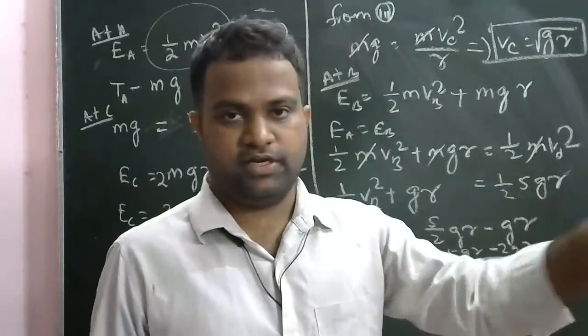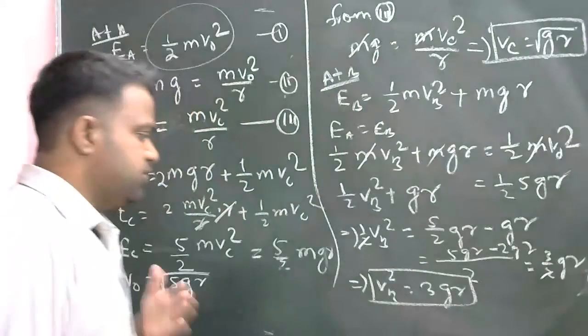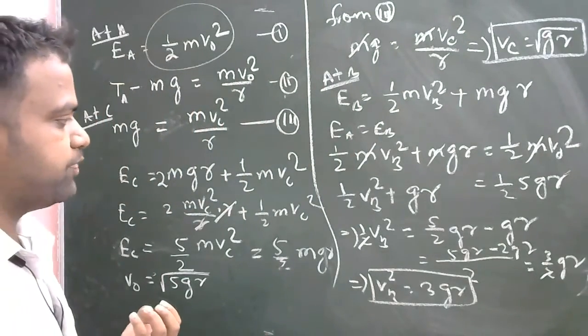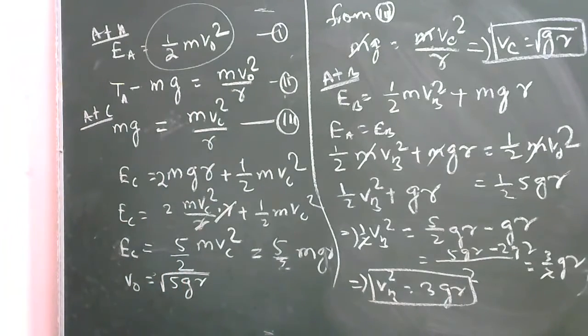If the object is at that height, what will be the velocity? So VB, VC, and V0. In all three positions, we have calculated the energy and velocity.